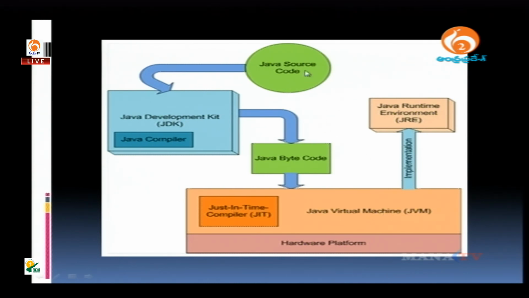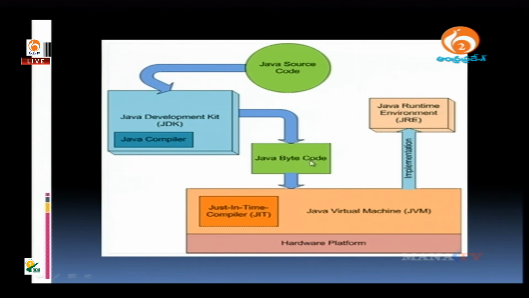First, the .java file is developed in the JDK, the Java Development Kit, because we are developing; the development part is part of the JDK. The JDK contains the Java compiler, whose job is to convert the source into bytecode.